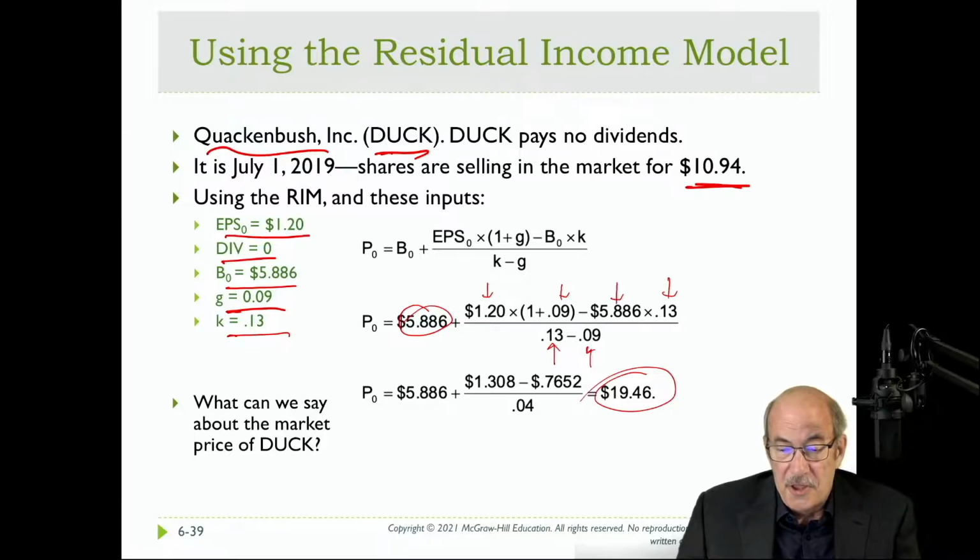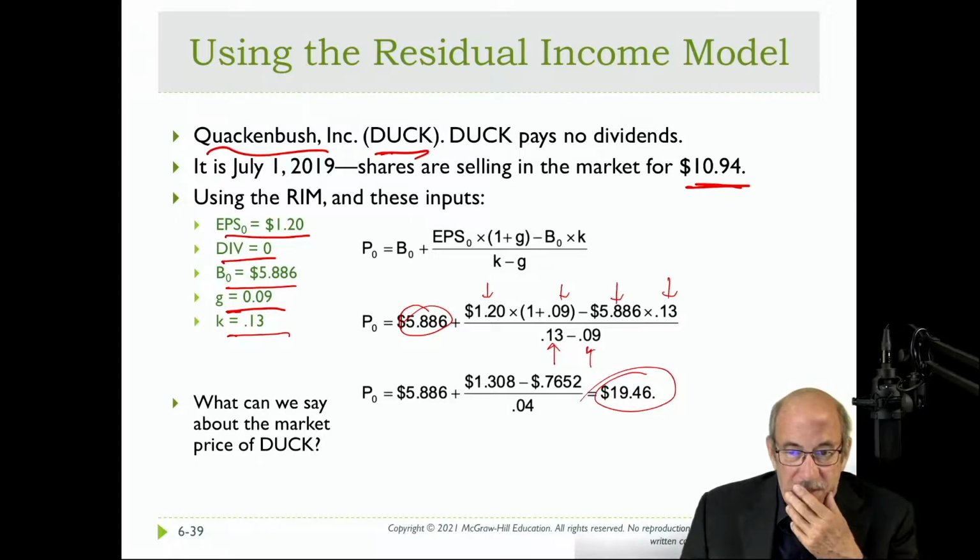So one thing we could say is, boy, this stock is severely undervalued. I want to buy that sucker, and I want to buy a lot of it, because when it goes up to $19.46, I'm going to make $8.52 on every single share.